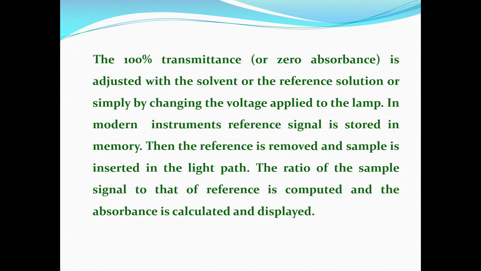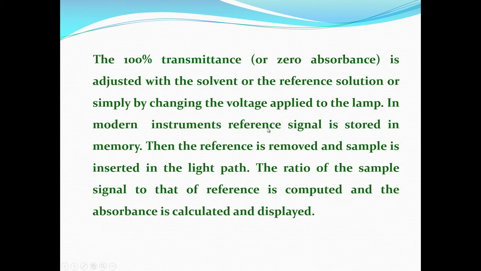So, the maximum absorbance is always 2 in most spectrophotometric measurements. The 100% transmittance for a reference you have to adjust either with the solvent or a reference solution, but also by simply changing the voltage applied to the lamp.